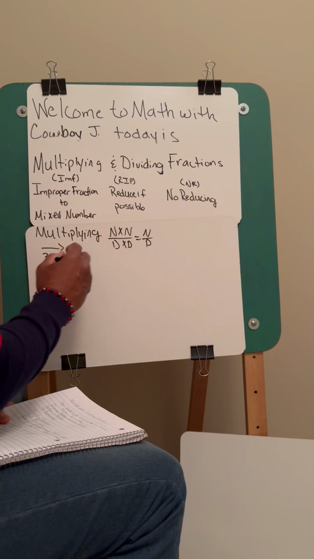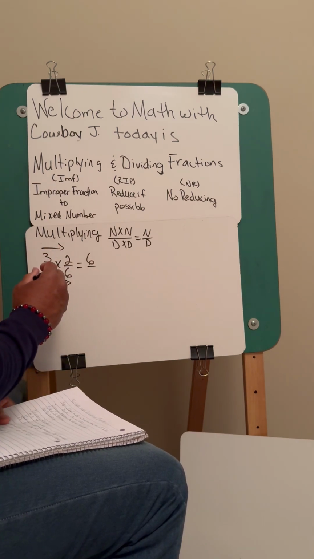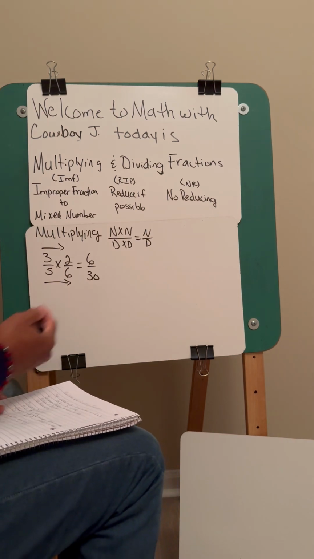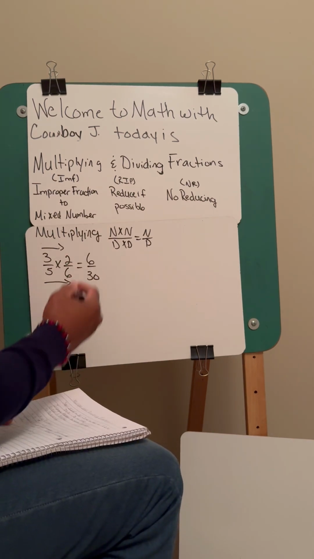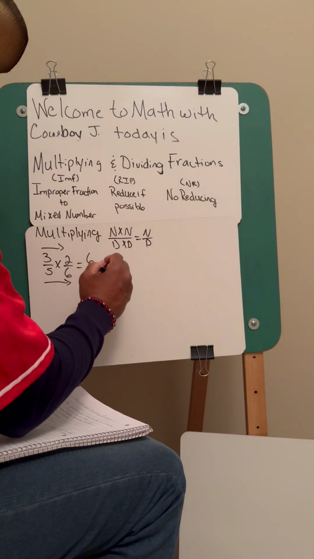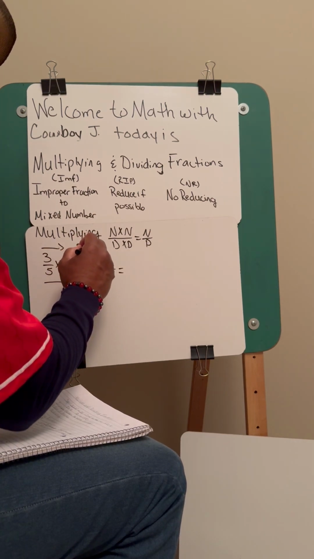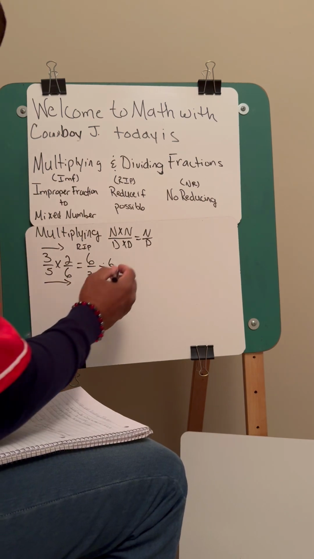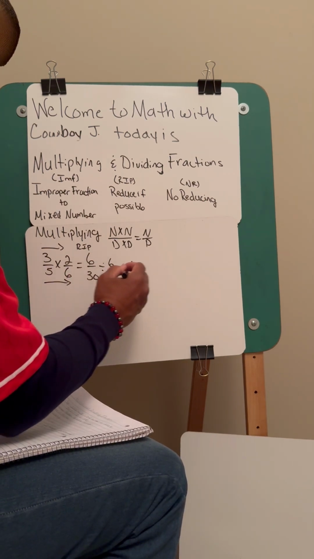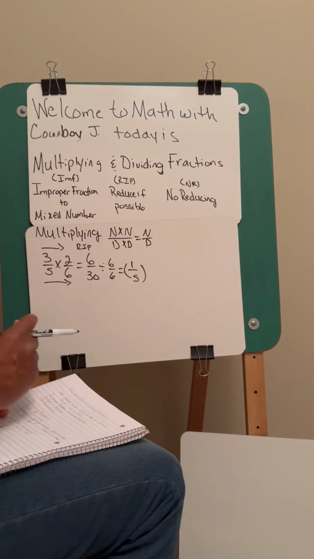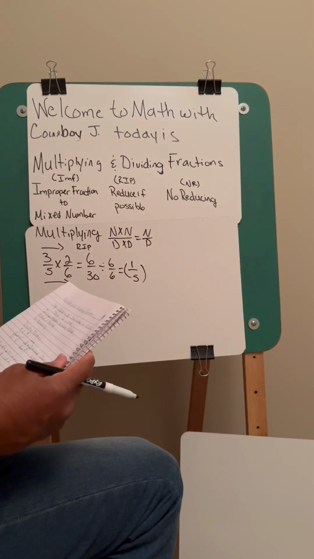So 3 times 2 is 6, and 5 times 6 is 30. Then I look and see if this can be reduced, and it can by 6. So this is a RIP. I can reduce because it's possible. 6 divided by 6 is 1. 30 divided by 6 is 5. So my answer here is 1/5.